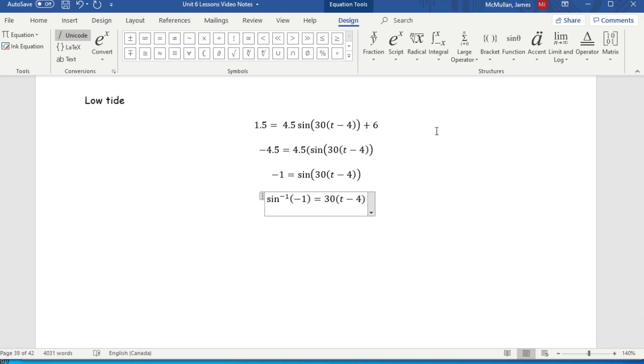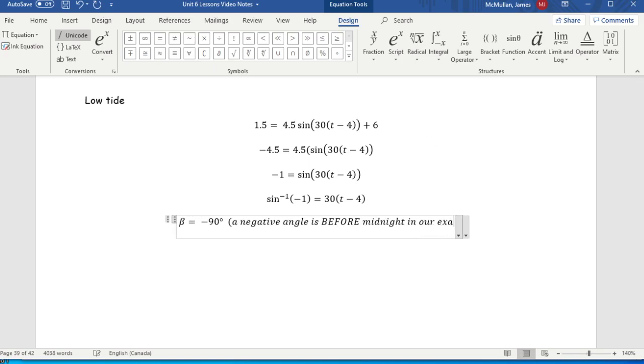You take the inverse sine to get rid of sine. Now, inverse sine of negative 1 tells you beta is equal to negative 90 degrees. Of course, we don't want negative 90 degrees because that would be like before midnight. A negative angle is before midnight in our example.